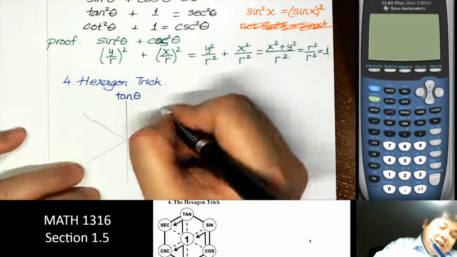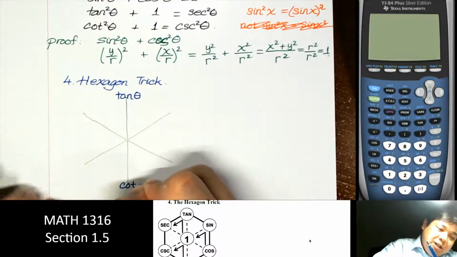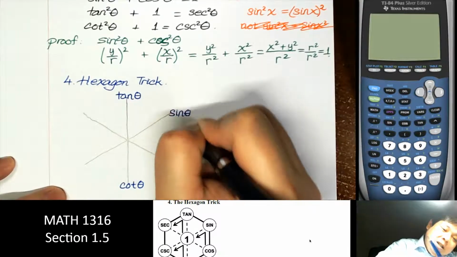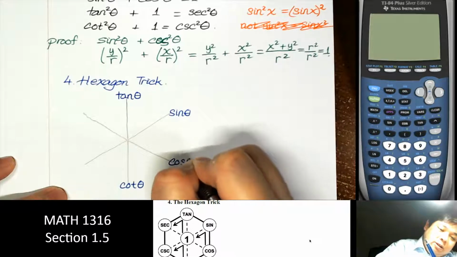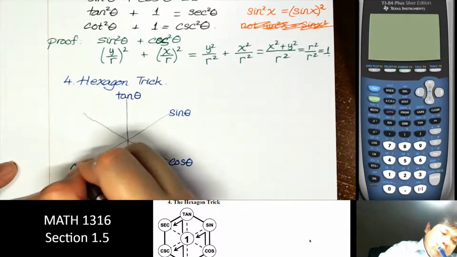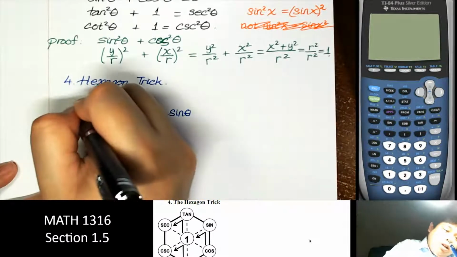Tangent on top. Opposite to that is cotangent, and then sine and cosine. Opposite of sine is cosecant. That is reciprocal. Reciprocal of cosine is secant.